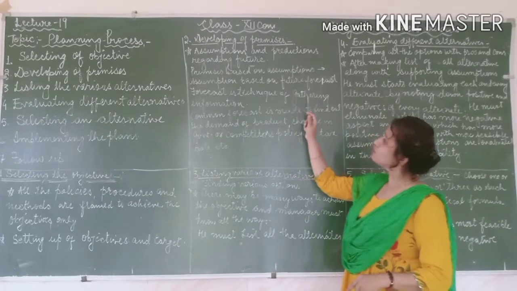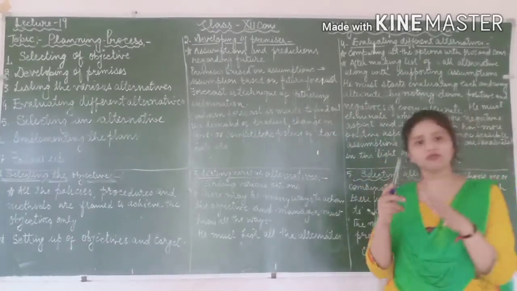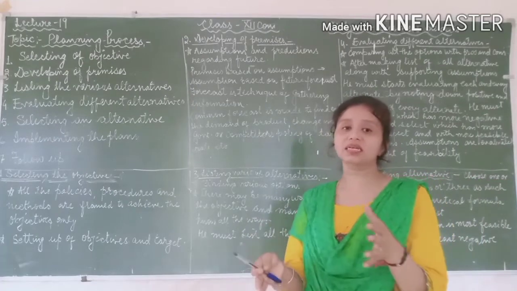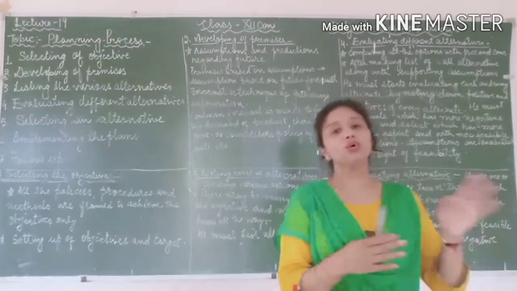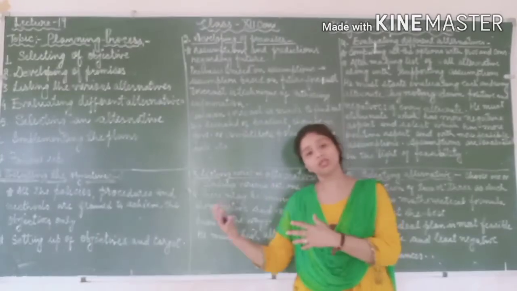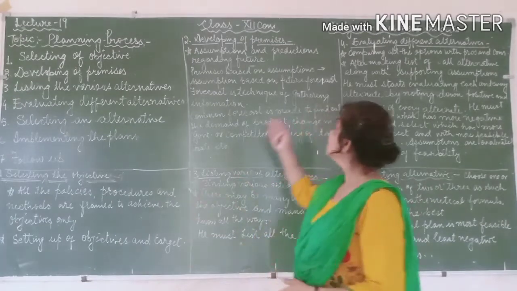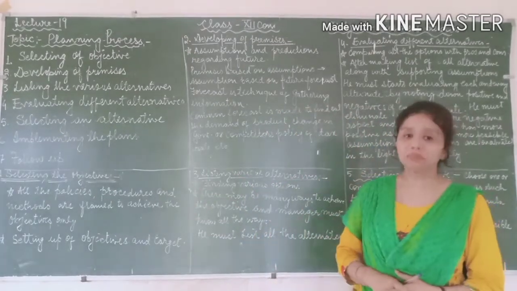Forecast is a technique of gathering information. So it is gathering information on the existing plan and the past policies of the company. With the help of these two, the predictions and assumptions are made.